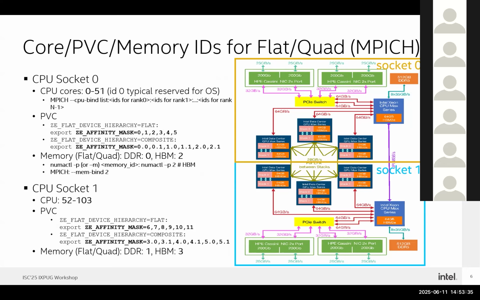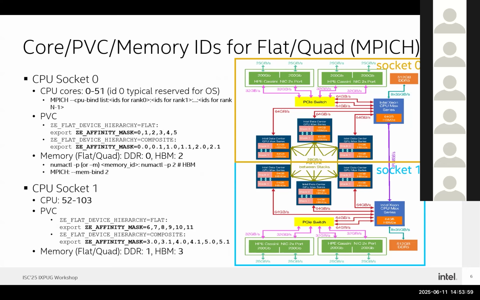For memory now, on the GPU side there's only HBM, but on the CPU there's both HBM and DDR. DDR has a lot more capacity but lower bandwidth, and HBM has only 64 gigabytes per CPU, but it has much higher bandwidth.